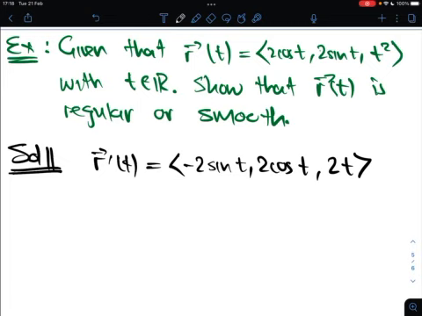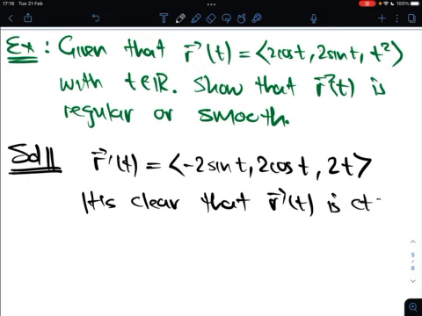So what do we see here? It's clear that R prime of t is continuous for t an element of real numbers, because sine is continuous, cos is continuous, and the polynomial is continuous again. So this is a continuous function on the real numbers.